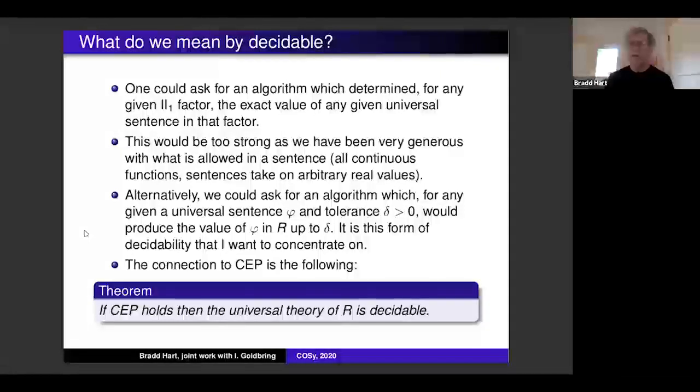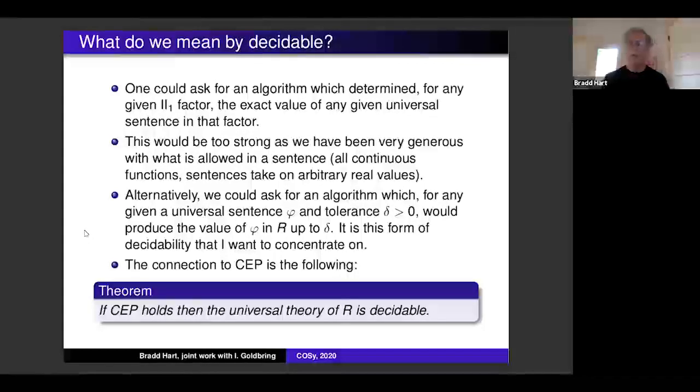Okay, so now I want to point out, let's read this in the contrapositive. If I knew the universal theory of R was not decidable, then I would know that CEP fails. Okay, so let's understand right now why we know that CEP fails. I'm more or less just going to repeat what Henry Yuen said on Monday.